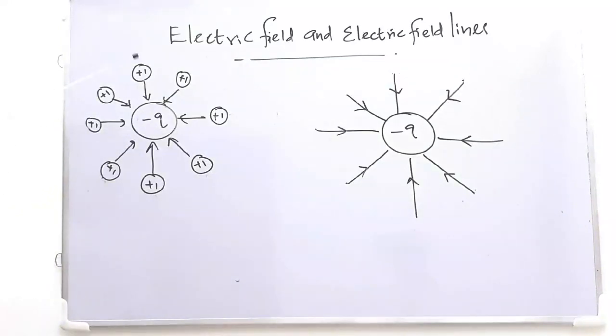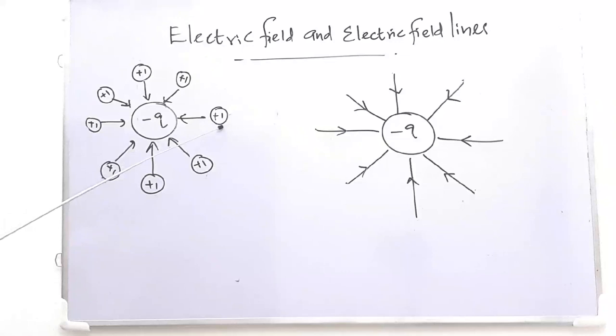Similarly, if you want to draw the field lines of this negative charge through any point, then you have to imagine that a unit positive charge is placed at that point and find out the direction of force experienced by this unit positive charge. So I assumed unit positive charges are placed like this. From this it is clear that the electric field lines of this negative charge will be directed towards the negative charge, and it will be spherically symmetric like this, because all the positive charges will get attracted towards the negative charge.